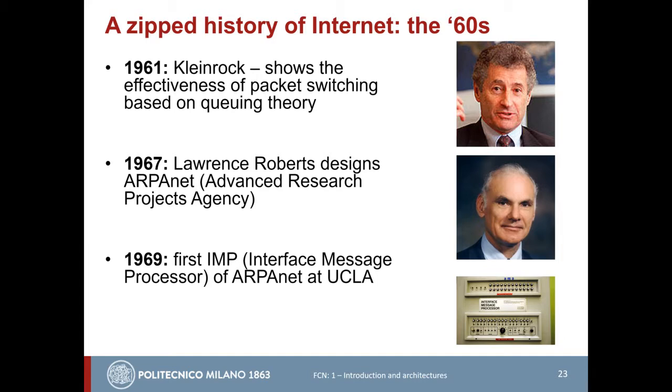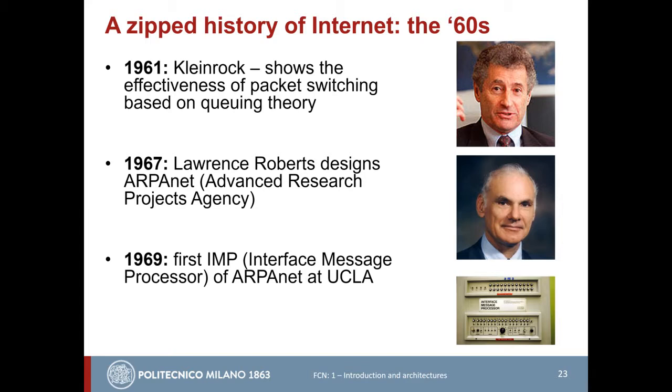So the military wanted to investigate the possibility of sending information in a more robust way, and they understood that packet switching was a solution. So they took the best scientists that were working on packet switching, set up this ARPANET group led by Roberts, and gave them some money in order to demonstrate the concepts that were studied so far.